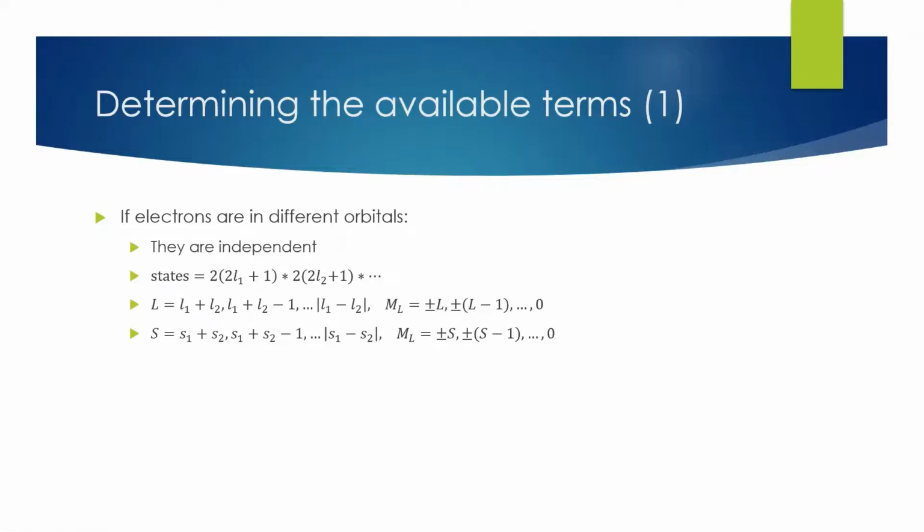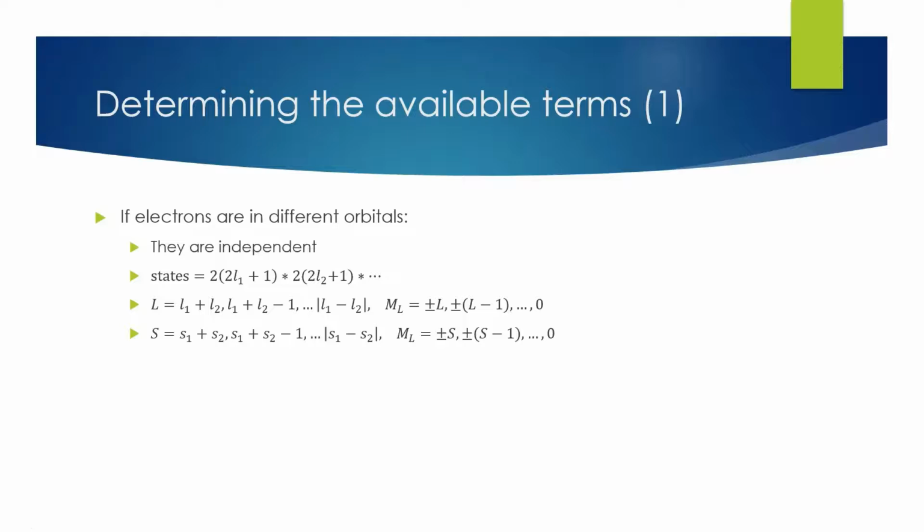Now, the way that we can determine what terms are allowed is as follows. We use what's called a Clebsch-Gordan series. Simply, we say that our capital L is equal to the sum of our lowercase l's, and then it descends down to the difference between them. So how do we use this?